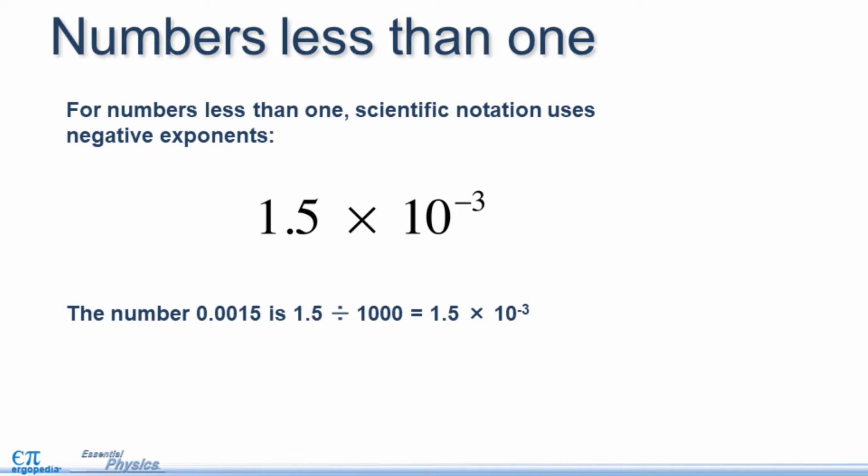When you divide by an exponent, you can actually multiply by subtracting it. So we end up with 1.5 times 10 to the minus 3 instead of 10 to the 3 in the denominator. So negative exponent means number smaller than 1. Positive exponent means greater than 1.